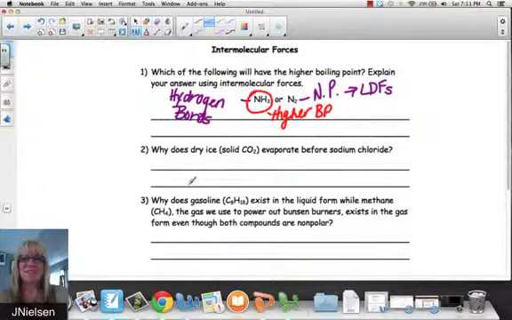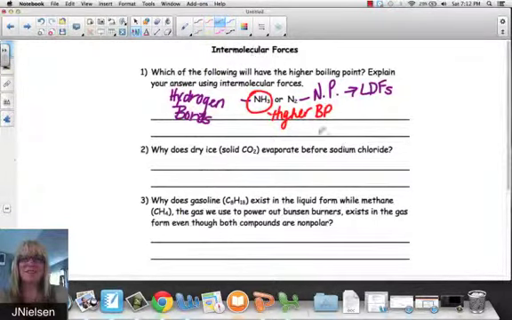Why does dry ice, solid CO2, evaporate before sodium chloride? Well, remember that for things to stay in the solid state, you need to have some attraction of the atoms to one another. The weaker the attractions, then the particles increase in entropy or randomness. So solids have the least entropy, while gases have the most entropy because they're all spread out, they're all over the place.